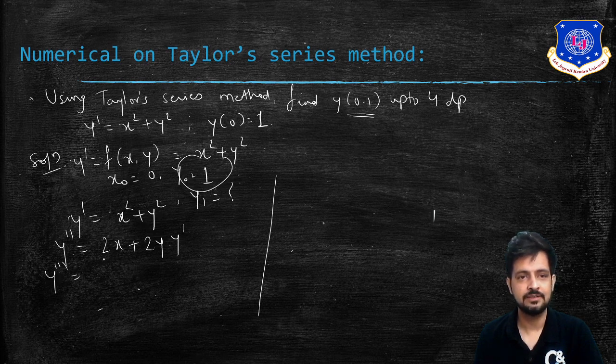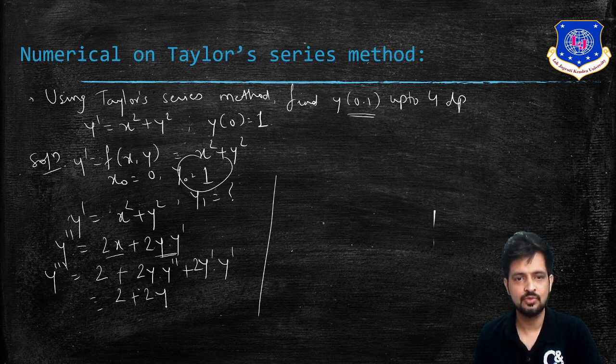Y triple dash: derivative of 2x with respect to x is 2, plus 2y as it is, derivative of y dash is y double dash, multiplication rule you have to use, plus 2y dash as it is, and the derivative of y is y dash. So it can be written as 2 plus 2y y double dash plus 2y dash square.